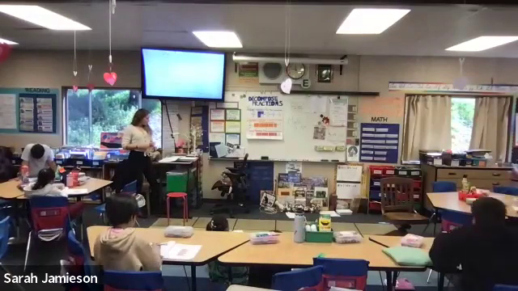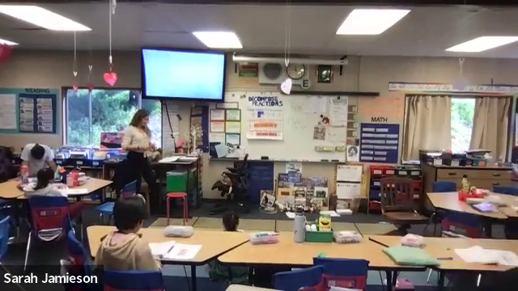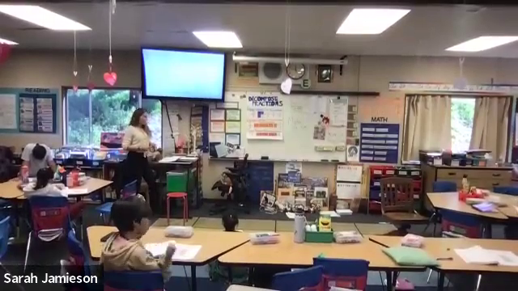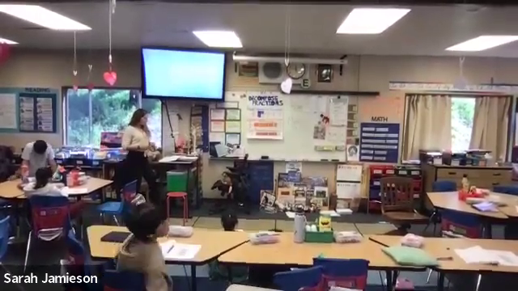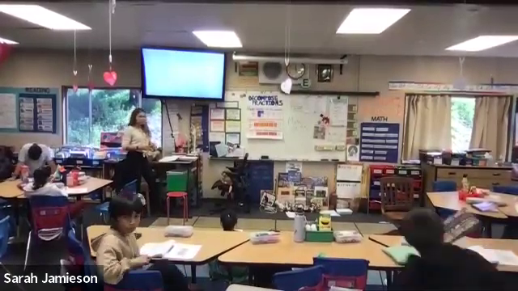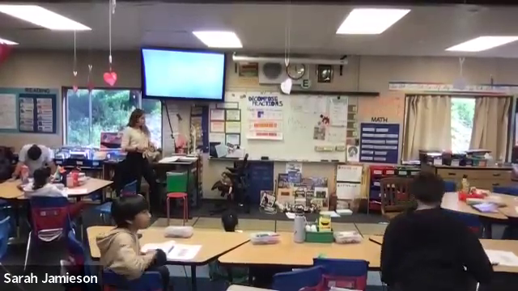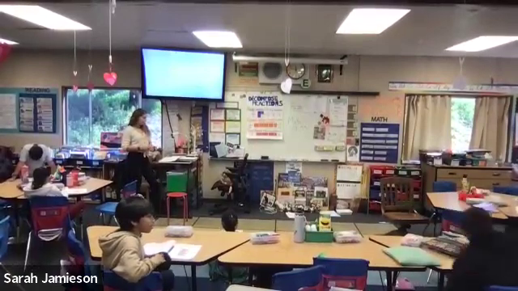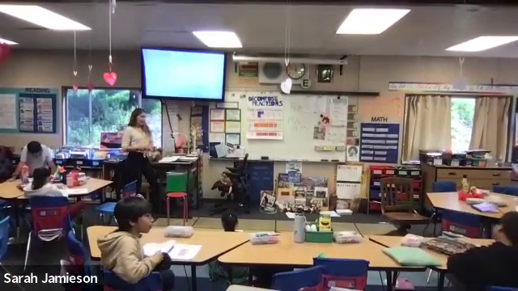Next one, number D. 102 100ths plus 5 and 27 100ths. Necessary. Why?